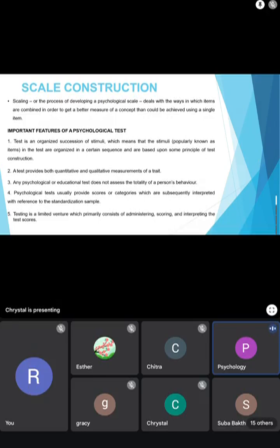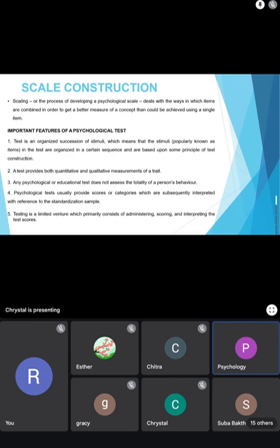Or it may be multidimensional, in which case it is intercorrelational. These are the macro concepts of scale and the different types of scale. Accordingly, based on our purpose, they construct the scale.